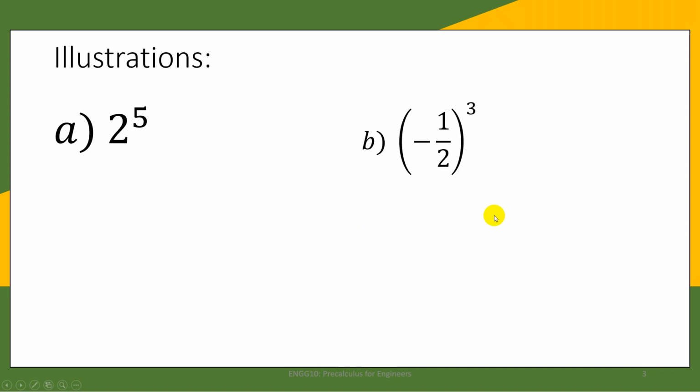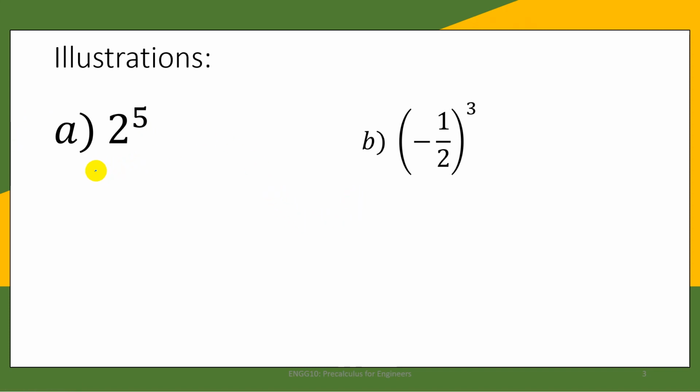Using the definitions stated above, we are going to answer these problems. For part 1, we have 2 raised to 5. 2 is the base, 5 is the exponent. So to answer this one, we need to multiply 2 by itself 5 times.